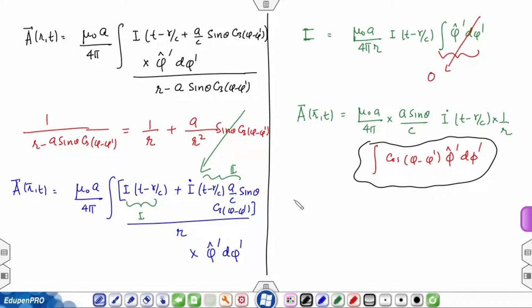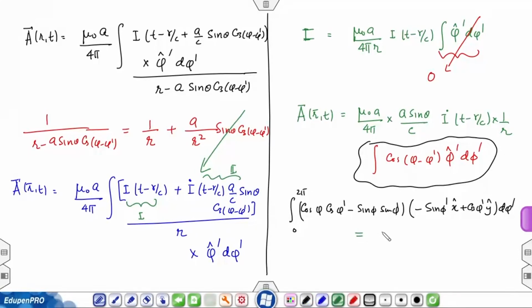This integral is cos φ cos φ′ plus sin φ sin φ′ times the φ′ unit vector, which is minus sin φ′ in the x direction plus cos φ′ in the y direction, dφ′ from 0 to 2π, and this comes out to be the φ unit vector itself, because the integral of cos φ′ sin φ′ is 0 and the integral of cos² φ′ is π.